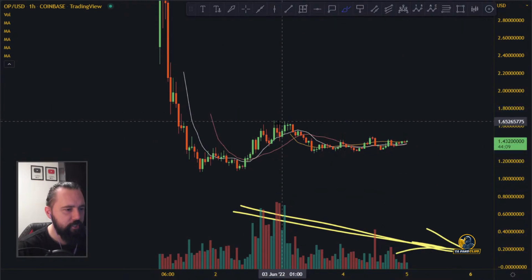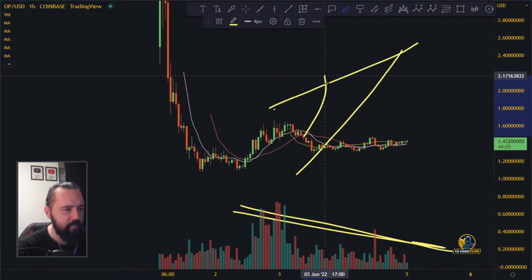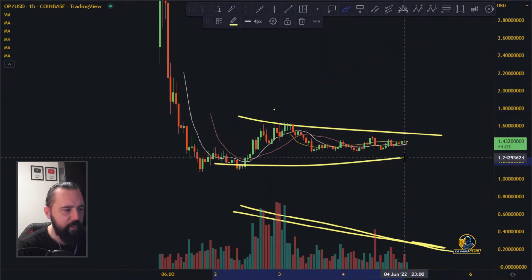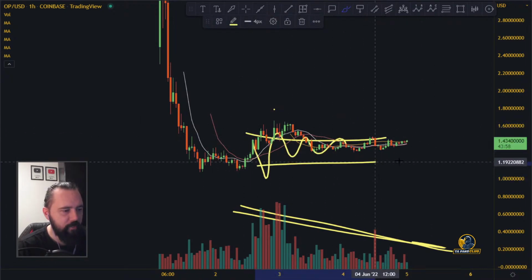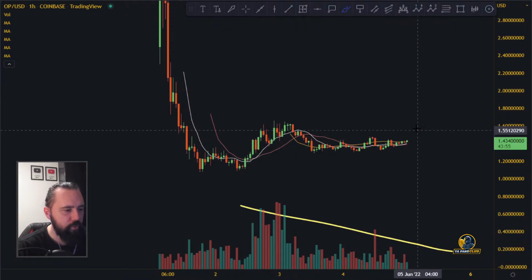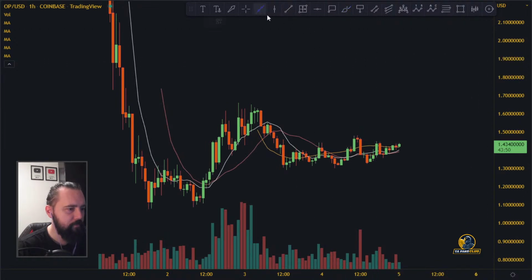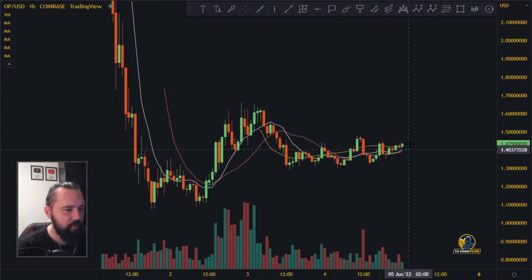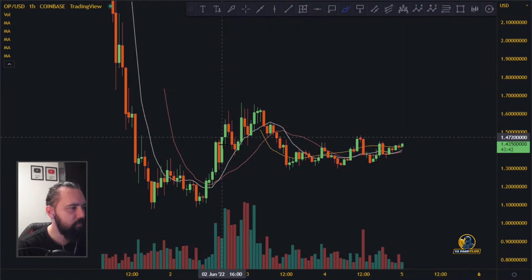Any kind of consolidation, whether that's a rising wedge, a triangle, or a channel, the volume should go down. The question right now is where it's going to break out. It managed to climb very nicely out of these moving averages towards the upside, so I think it just might pop towards the upside.